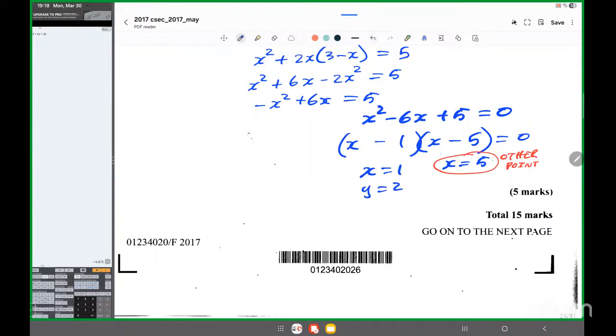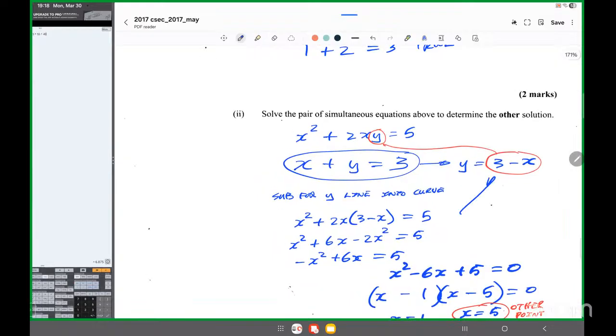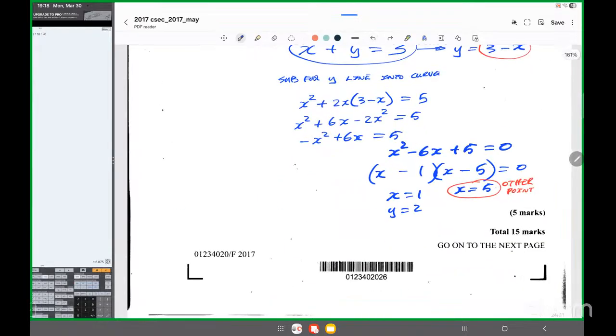Can we substitute them into this line equation? So we're going to sub into y equals 3 minus x. You put the 1 in there, you're going to get the 2, which you know already. So to get the y value for the other one, I'm going to plug the 5 in there.